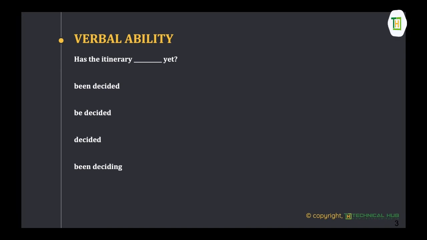We all try to go to Maredumilli, or to some other places. It's a journey. What is the route map we say? Journey or the route, that's known as itinerary. Has the journey dash at.